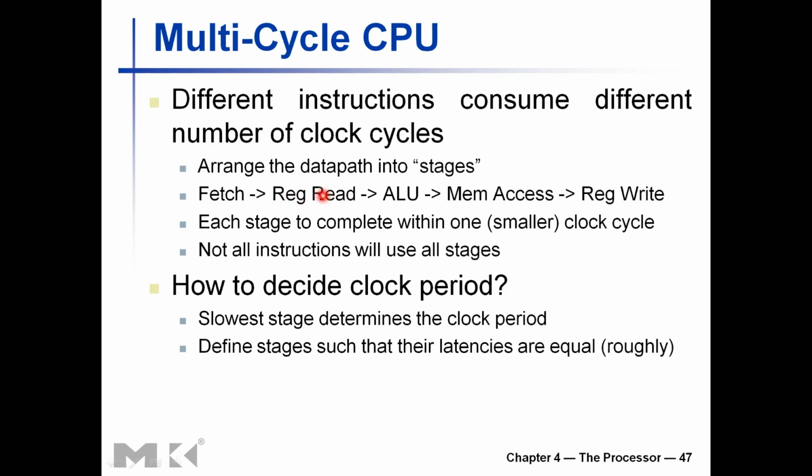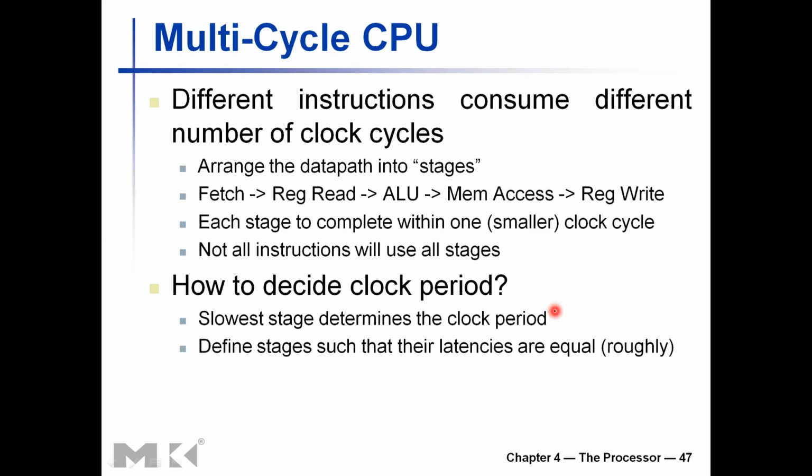If the register file is 1 nanosecond, memory access is 2 nanoseconds, something like that. Those are rough numbers, rough examples, but usually memory access is the slower stage, and you can set the clock cycle to fit that stage so that all other faster stages can fit into that clock cycle as well.